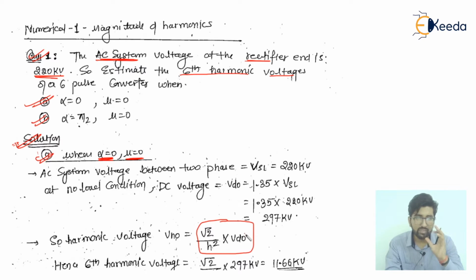As you have to find the sixth harmonic voltage, it is root 2 upon 36, because instead of h you put 6, and 6 squared is 36. Vd naught is what you found above, 297 kilovolt. Put the value and you are going to get 11.66 kilovolt here.